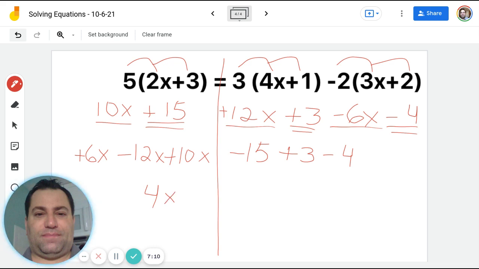Over here, I have negative 15 minus 4 is negative 19. Negative 19 plus 3 is going to be negative 16. Divide both sides by 4, and we get x is equal to negative 4.